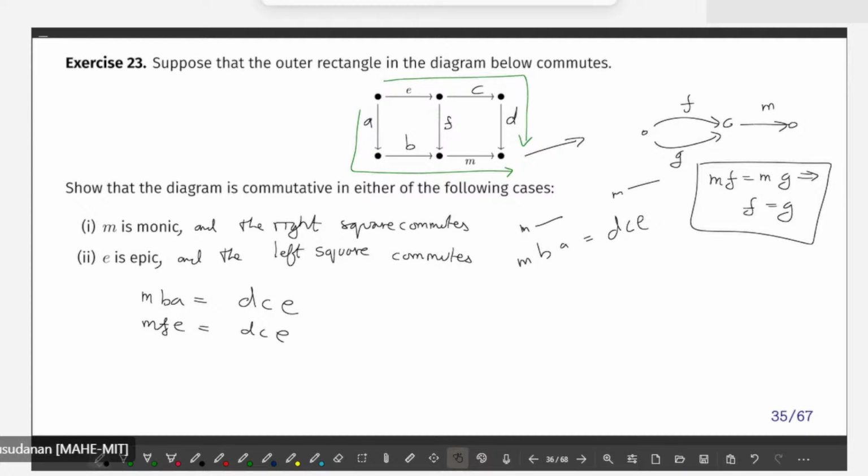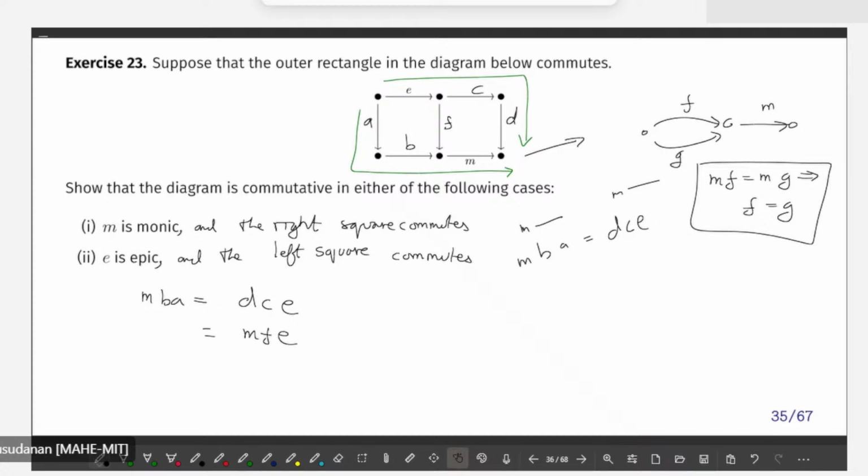Wait, yeah, left square commutes. This side I need to change. MBA remains as it is. This side changes to MFE.